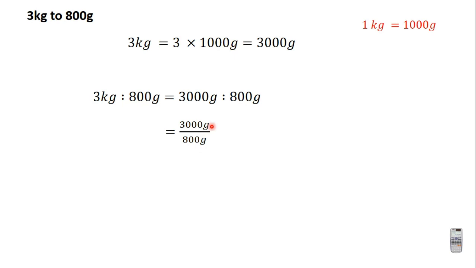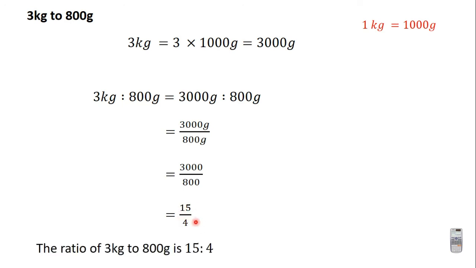Grams and grams will cancel out, so you have 3000 divided by 800. 3000 divided by 800 will give us 15 divided by 4. This can be expressed in terms of a ratio as 15 is to 4. So the ratio of 3 kilograms to 800 grams is 15 is to 4.